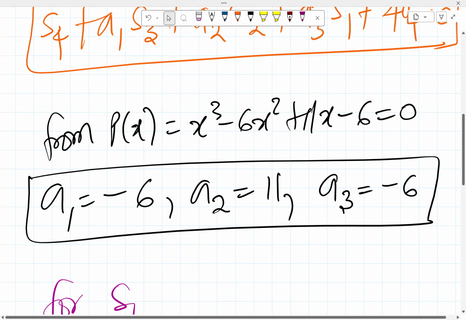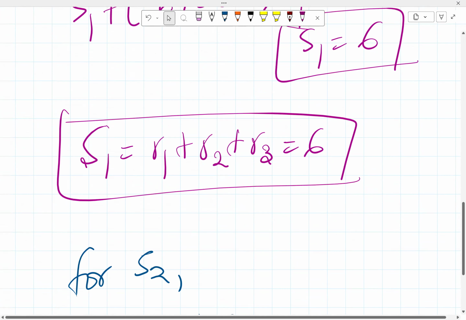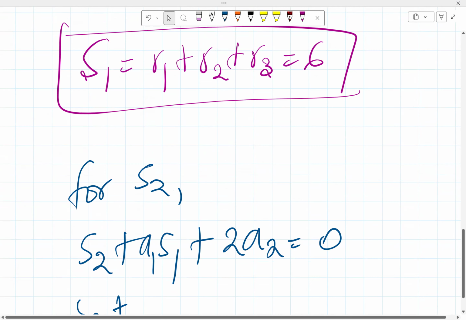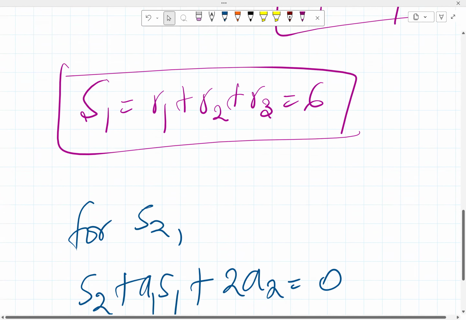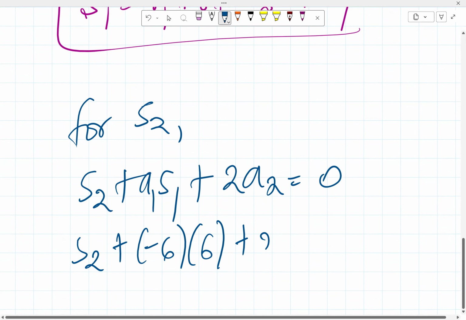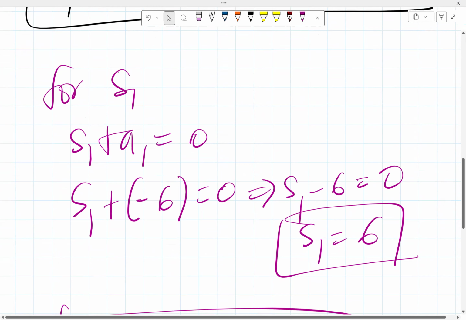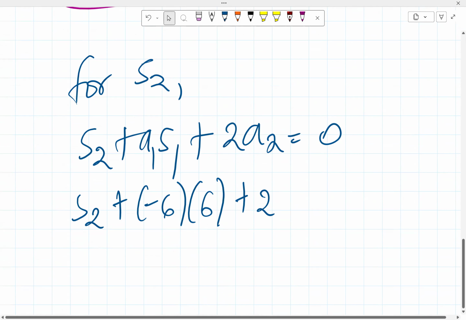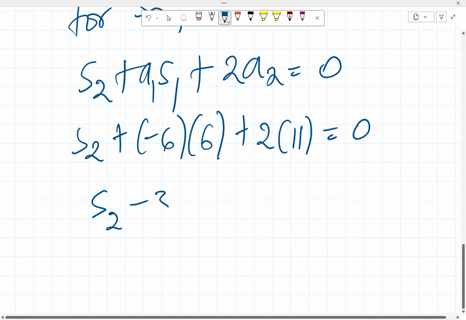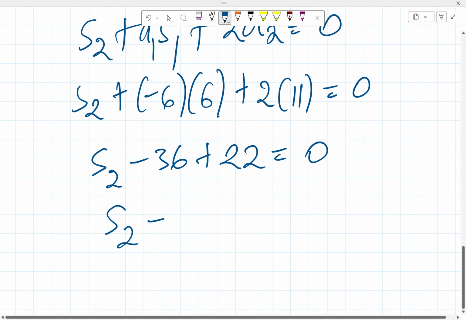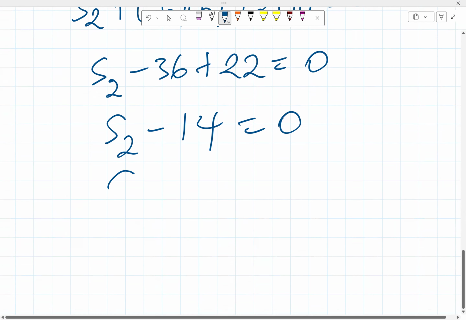A1 is minus 6, S1 is the 6 we just got, plus 2 times A2, which is 11, equals 0. So we have S2 minus 36 plus 22 equals 0, that is S2 minus 14 equals 0. So S2 is equal to 14.